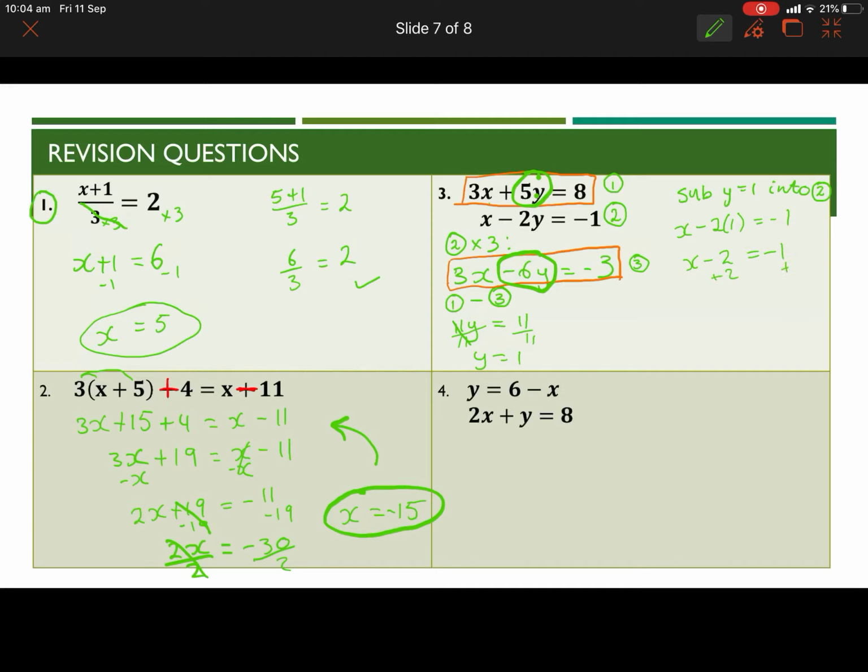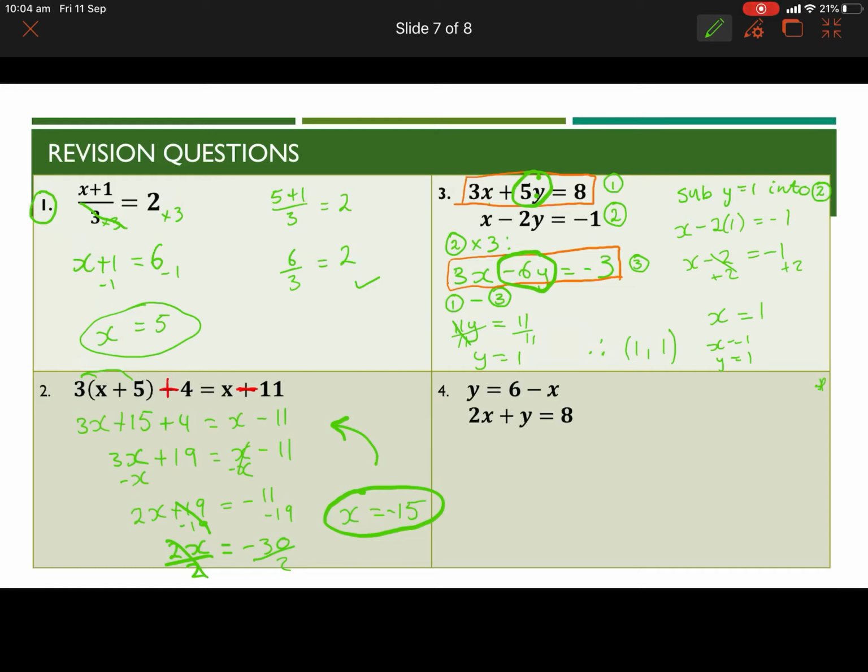If we plus 2 to both sides, that'll get rid of that. So x equals negative 1 plus 2, which is 1. So therefore, our solution is 1, 1. You can either write it like that, or you can write x equals 1 and y equals 1.